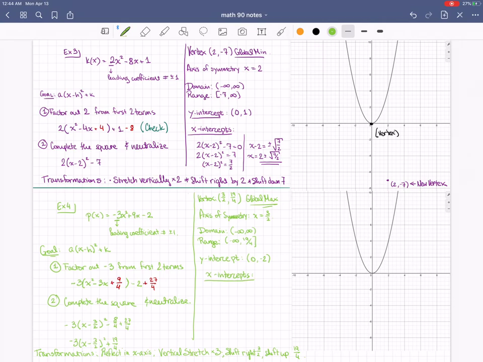So I always use the vertex form for this. So we have -3 times x minus 3/2 quantity squared plus 19/4 is equal to 0. So I have -3 times x minus 3/2 quantity squared is equal to -19/4.